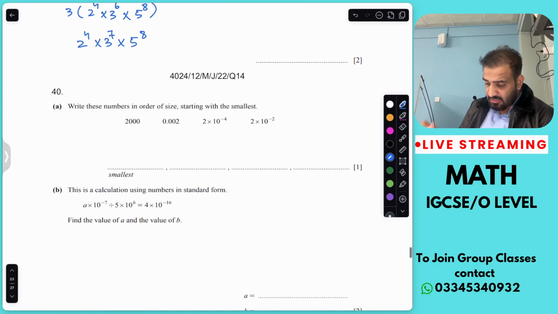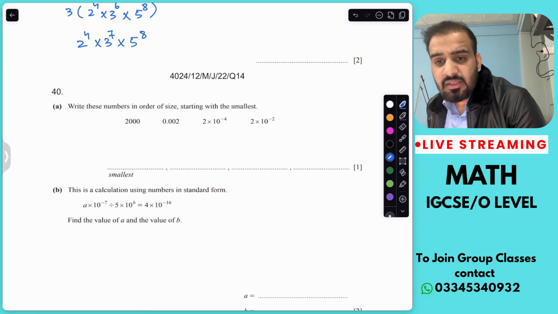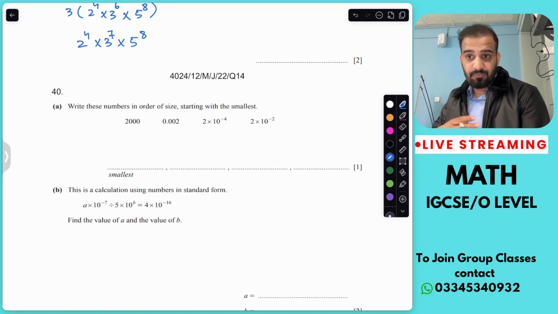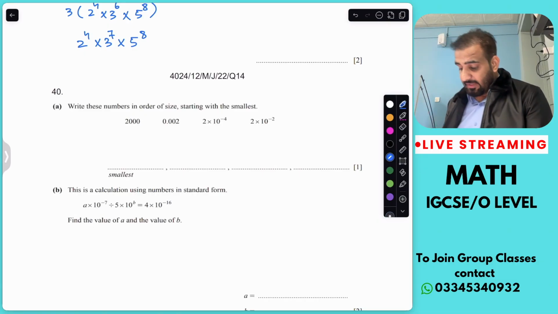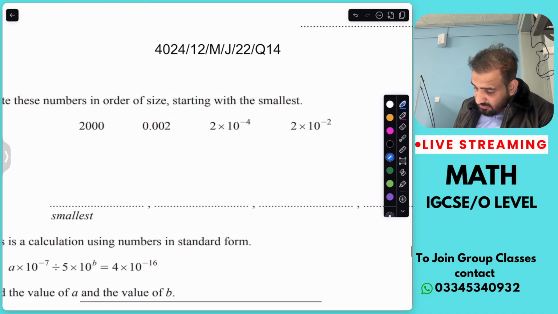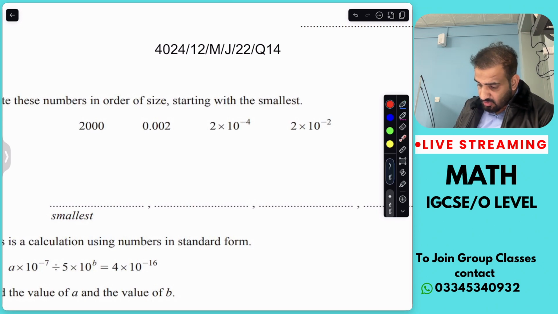Write these numbers in order of size starting with the smallest. How to compare some numbers? Some of the numbers are in standard form, some are in ordinary form. So it's up to you. Let's convert them into ordinary form. 2 times 10 to the power negative 4, what will be its ordinary form?